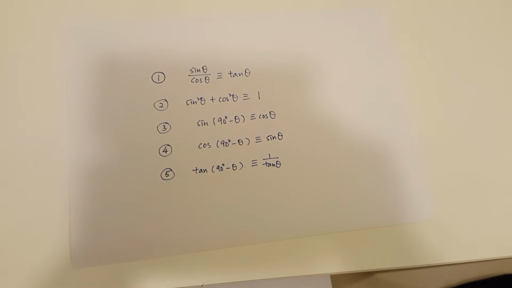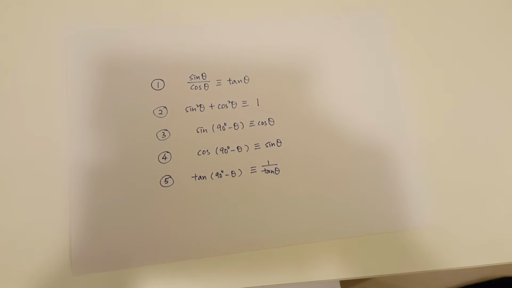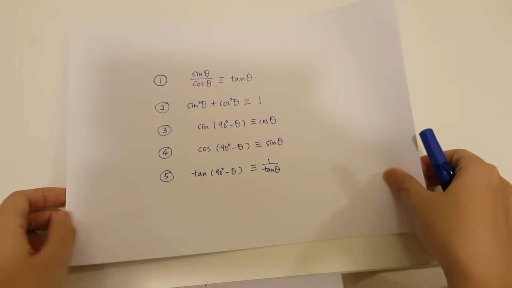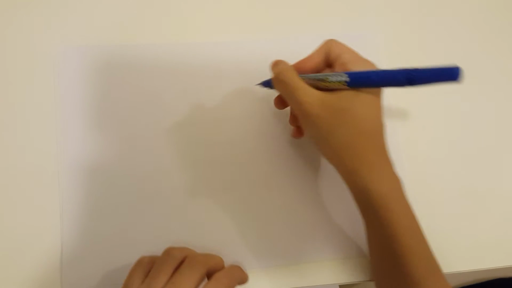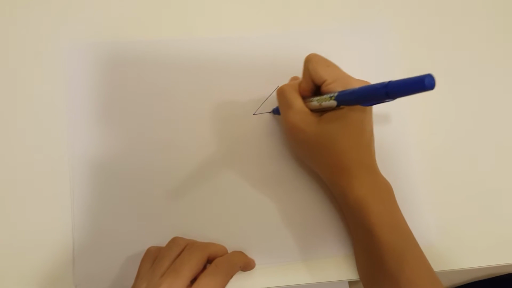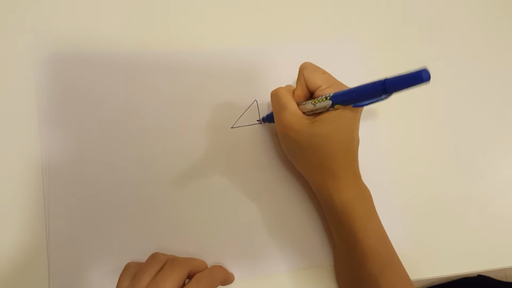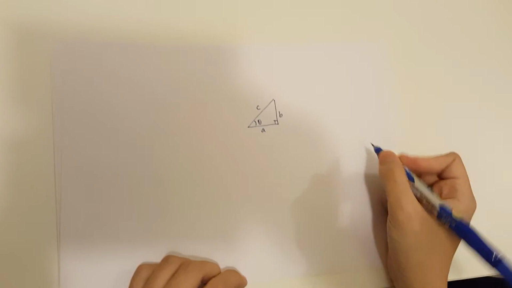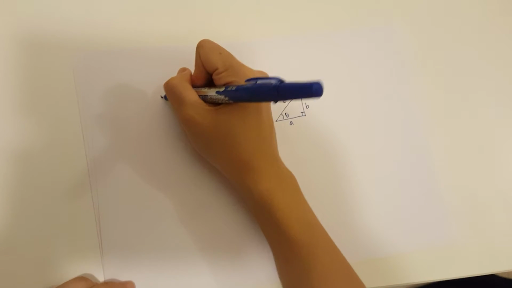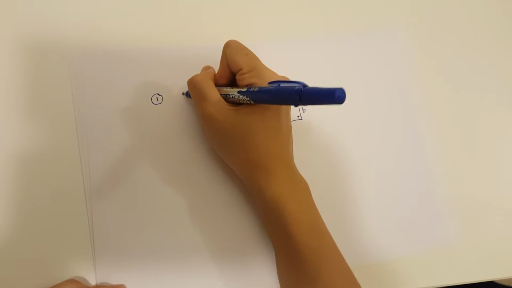And we all know that the sine ratio, cosine ratio, and tangent ratio are all related to a right angle triangle. So first of all, I will draw a right angle triangle. Okay, and we try to prove this identity.